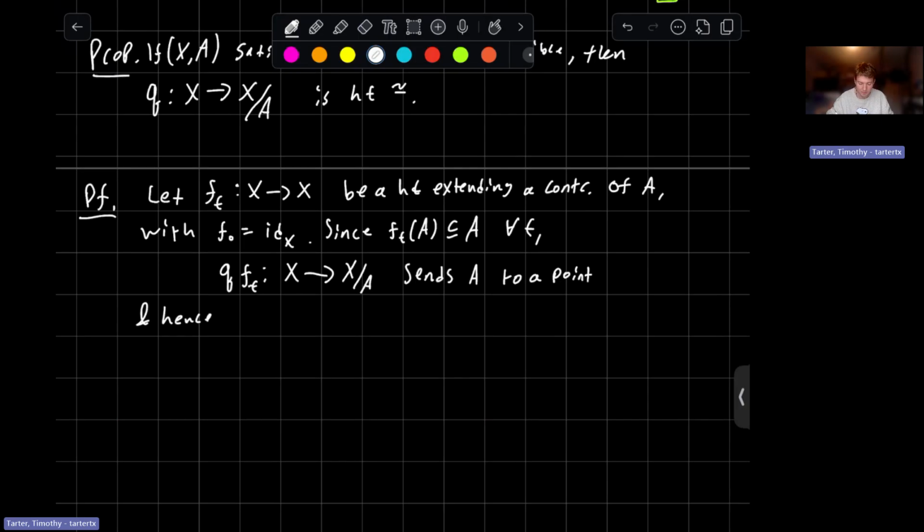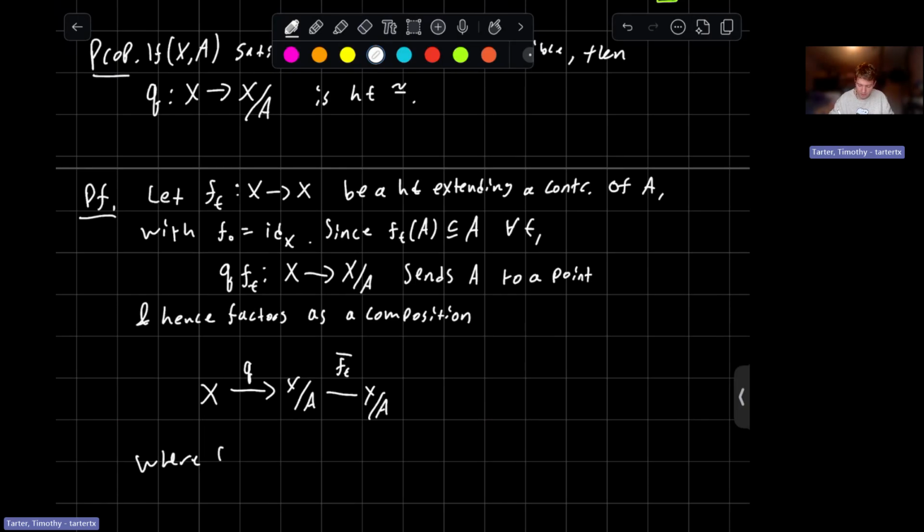And hence it factors as a composition X by q to X mod A, then by f_t bar to X mod A, where f_t bar is defined accordingly.